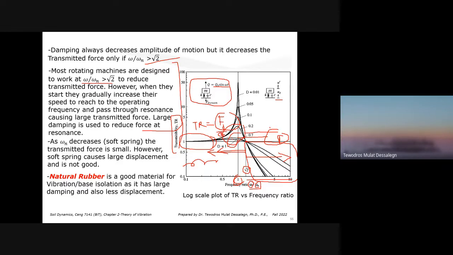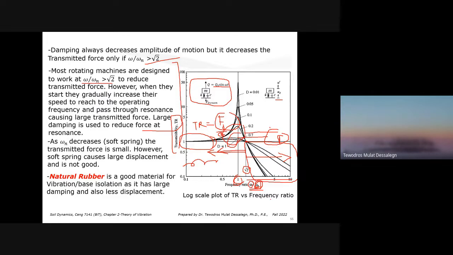But you have control over Wn. Wn is the system frequency. That's the natural frequency of the soil. So by making the soil softer or stiffer, you can control this W by Wn. That's how you design it. Wn is under your control as a geotechnical engineer.